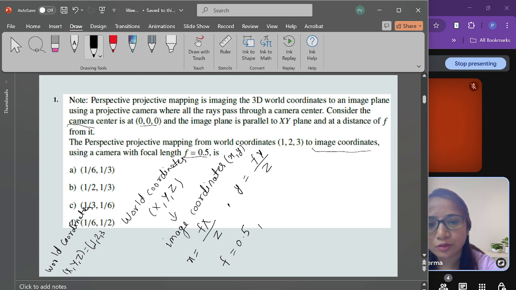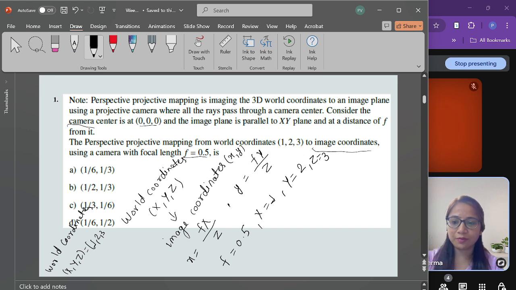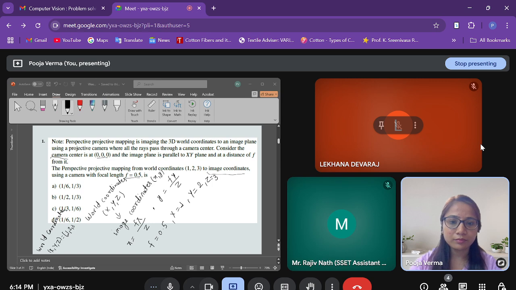So X value is 1 in that equation, and you will be able to find the answer. I will wait for a couple of seconds, then I will solve it. Can you solve it till now and answer in the chat box? I have given the formula, you just have to put in the values and let me know the answer.